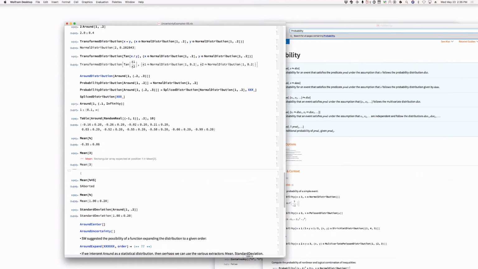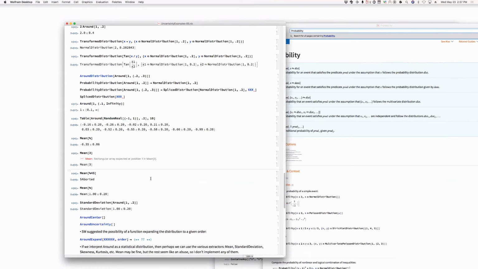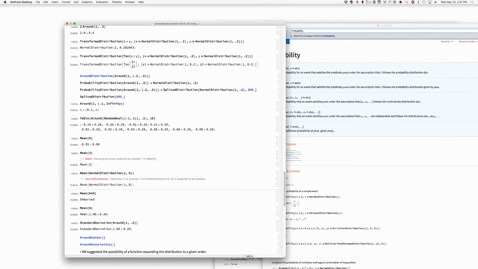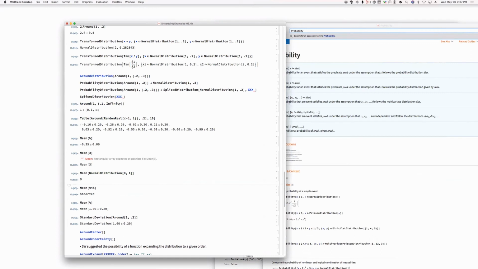So it's not the case that mean doesn't have any. Why? Oh, yeah. Is it 0 perhaps? 0, 1, yeah. Okay. So that's why I think mean of around should work.